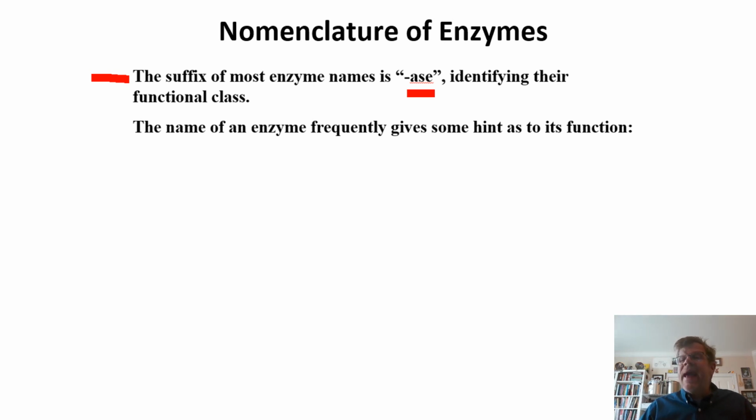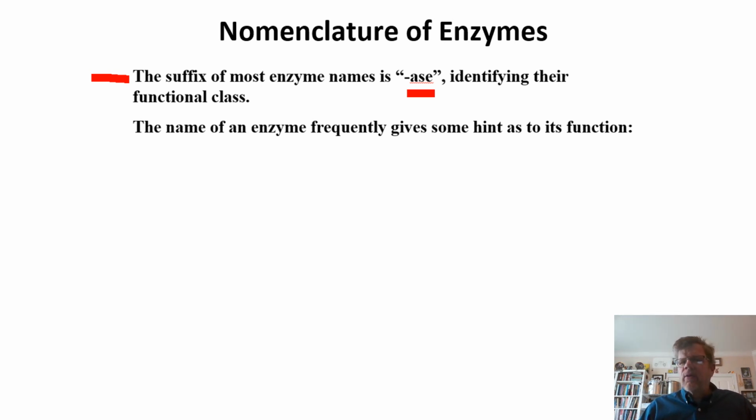If it ends with -ase, it is almost certainly an enzyme's name. And that is similar to when we were looking at carbohydrates. If it ends with -ose, it is probably some type of carbohydrate, whether it's a monosaccharide, disaccharide, or polysaccharide. It is almost certainly going to be a carbohydrate. But -ase defines the functional class.